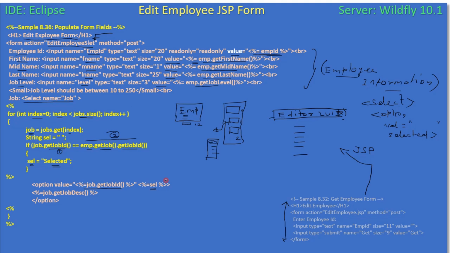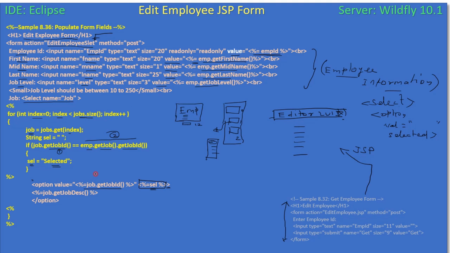To achieve this, we are making use of this condition, we make cell as selected, then we populate that attribute within this option tag. So the option tag opens here, and the option tag ends here. This one is different. This is JSP expression language, to print selected as part of the attribute.